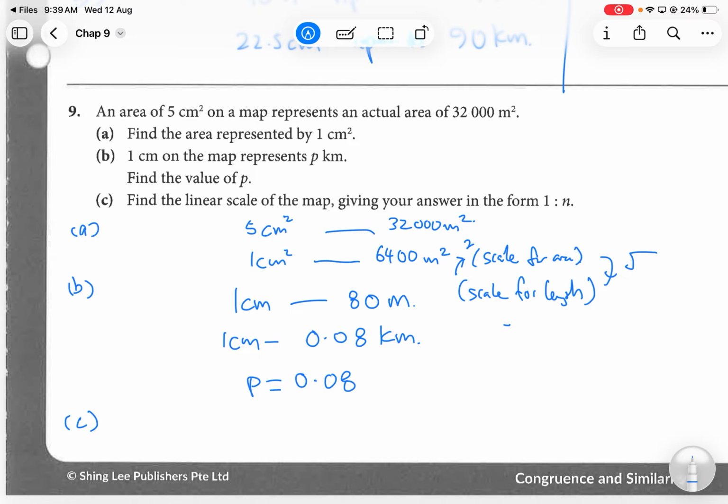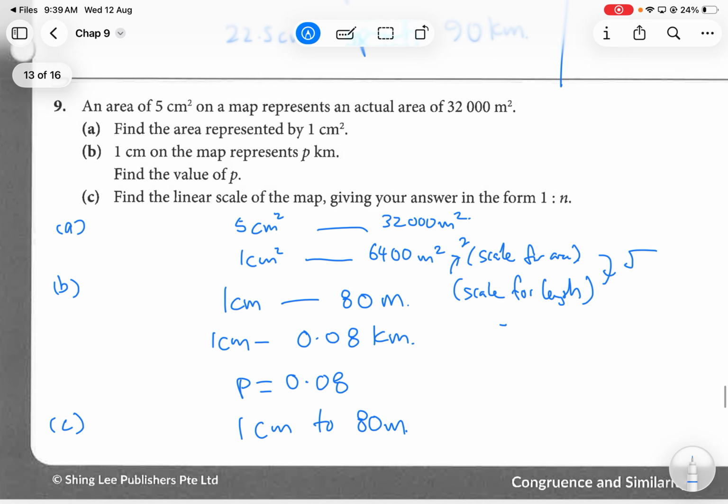Then lastly, they want you to give your scale in 1 to n ratio. Ratio means no unit. No unit means I must change both sides to the same unit. So if I start with 1 cm to 80 meter, I change the 80 meter to cm, then I can remove the unit already.